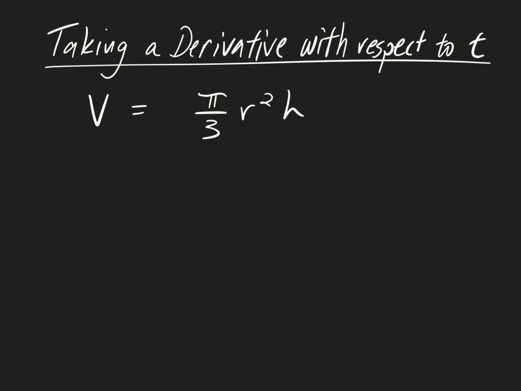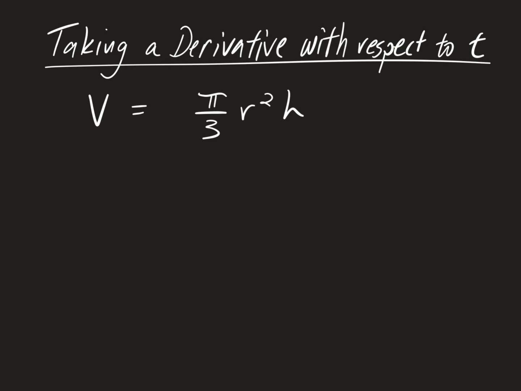Because, I think the stereotypical example is pretend you have one of those conical cups from a water cooler, and the volume of the water can change with respect to time. So how is the radius of the circle changing at a particular time? How fast is the height of the water in the cup changing at a particular time?